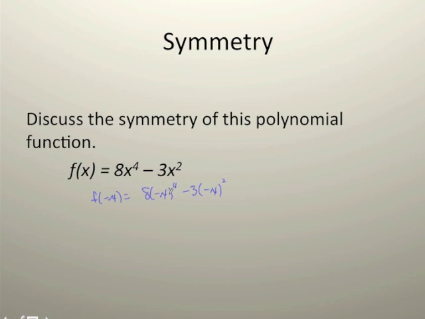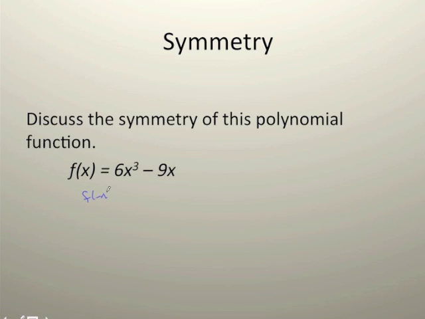Well, (-x) to the fourth is just x to the fourth, so I have 8x to the fourth minus, and (-x) squared is just x squared, so this is 8x to the fourth minus 3x squared. Oh, that's f(x). So f(-x) equals f(x). So this has symmetry to the y-axis.